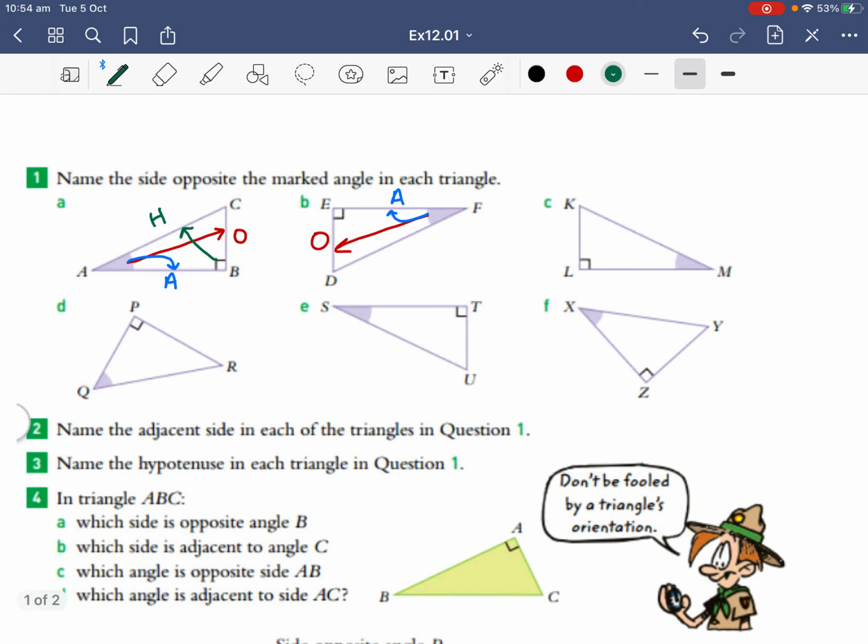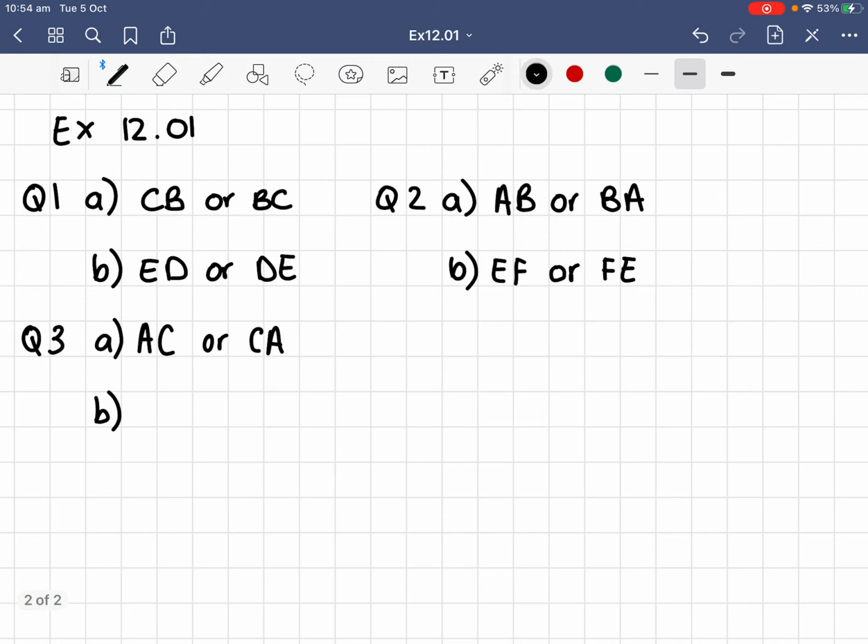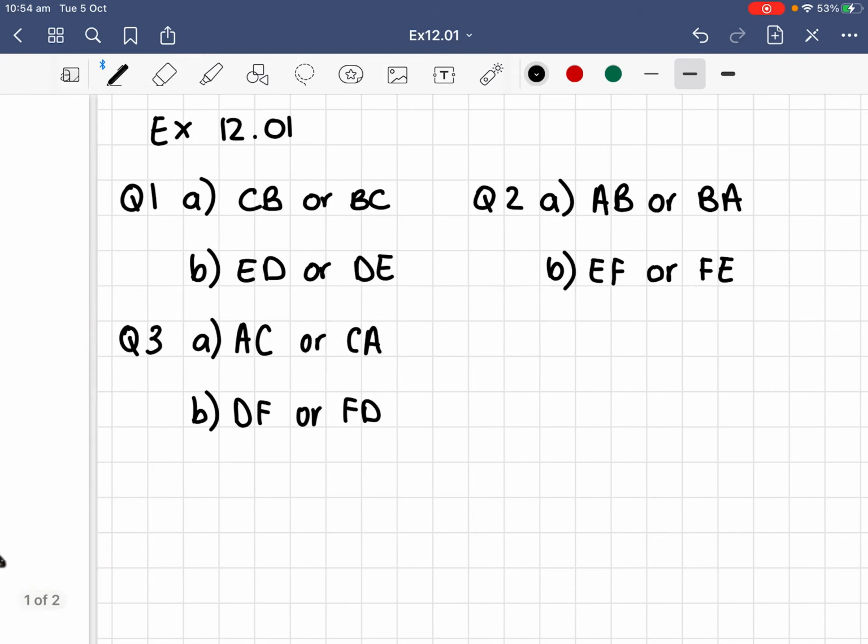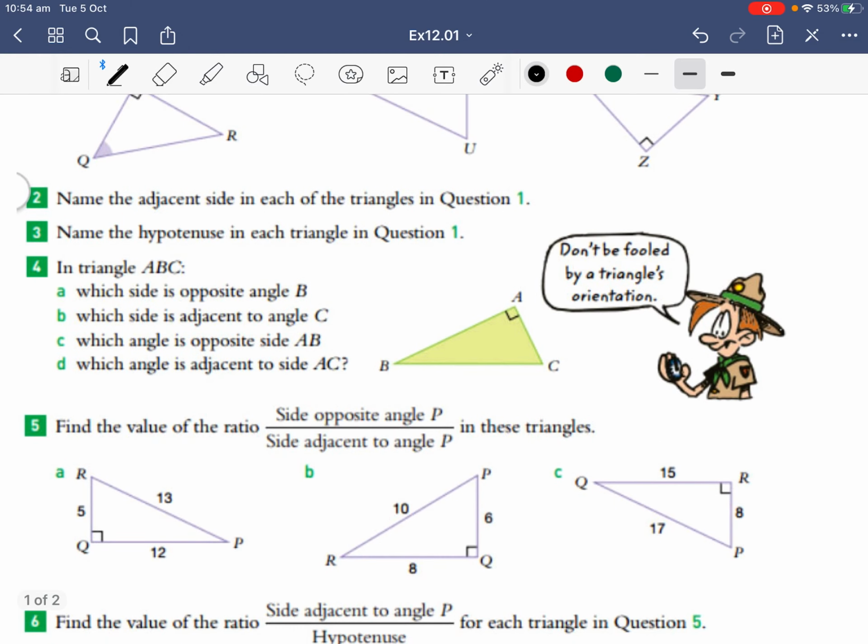For part B, our hypotenuse is the side directly opposite our right angle. So start at your right angle, draw an arrow across, and that is our hypotenuse. So our hypotenuse is the side DF or FD.